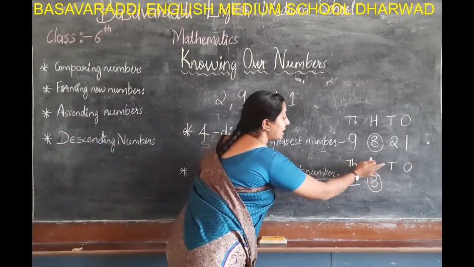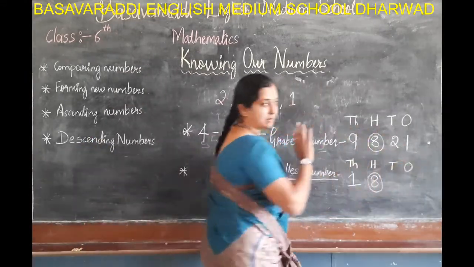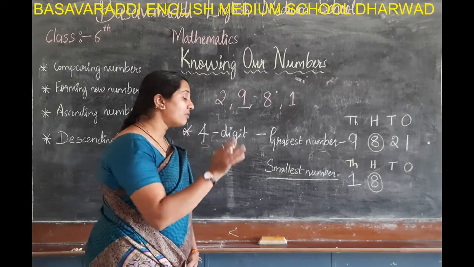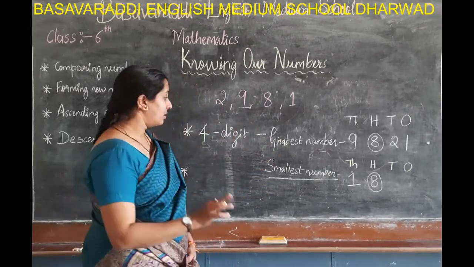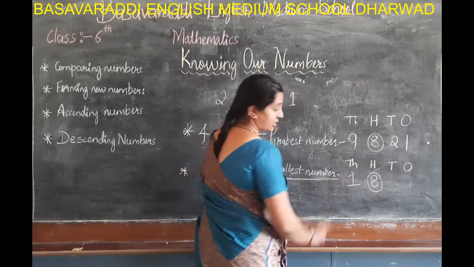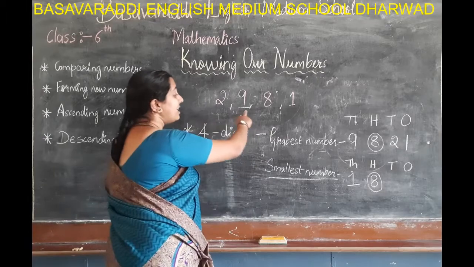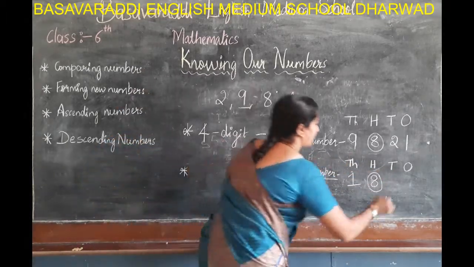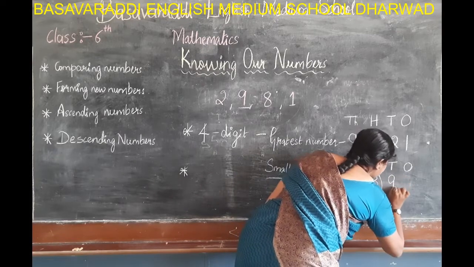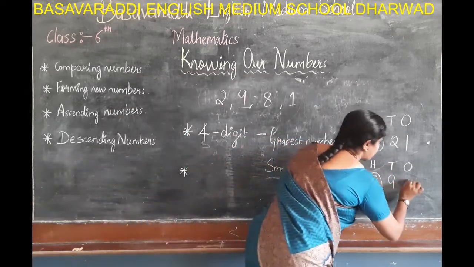So the thousands and hundreds places are filled. We are left with the tens and ones places. Already 8 is in the hundreds place. Can we take 9 at the tens place? Let's take and see. I will take 9 at the tens place and 2 at the ones place.